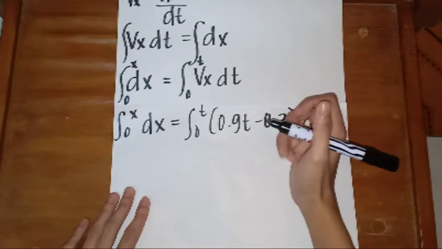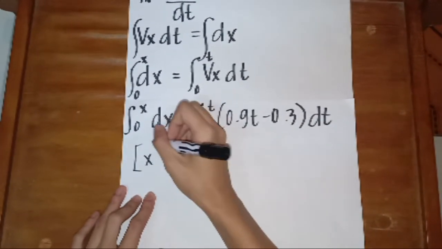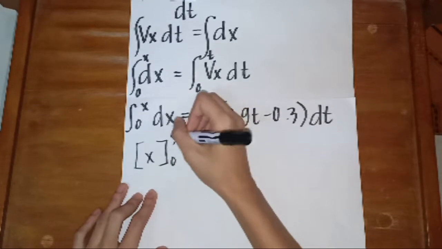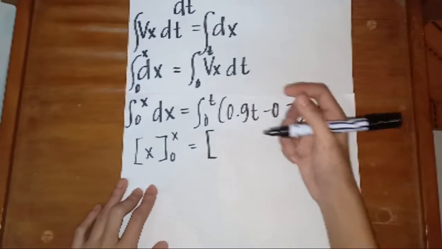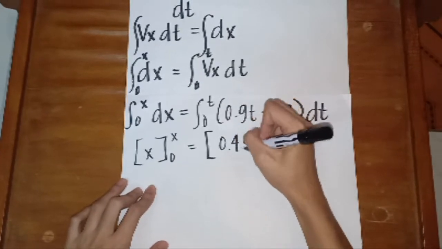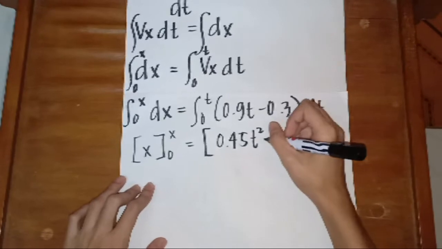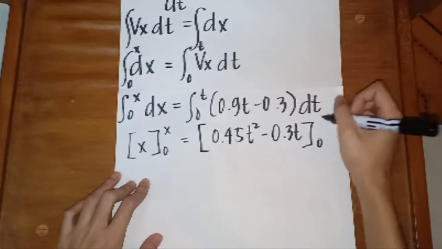So, integrate natin yan. Ang integration ng dx is equal to x. Yung kanyang limits is from 0 to x. At ang integration naman nito is 0.45 t squared minus 0.3t, at ang kanyang limit is from 0 to t.